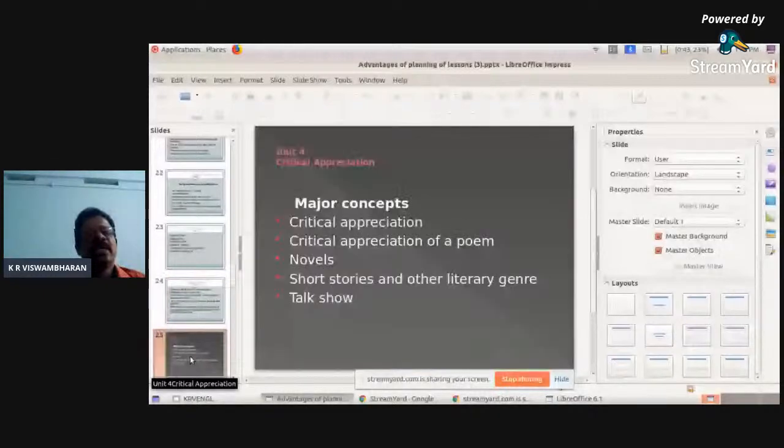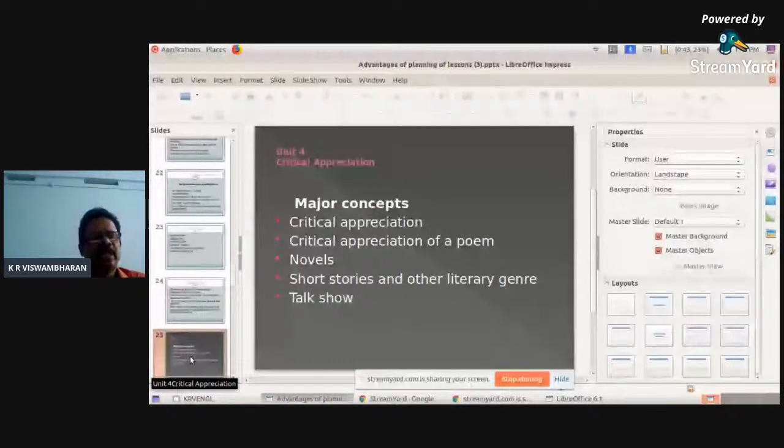Next is Unit 4, Critical Appreciation. There are certain major concepts to bear in mind. Critical appreciation. What is critical appreciation? What does it mean? Critical appreciation of a poem, critical appreciation of novels, short stories, and other literary discourses and talk show.